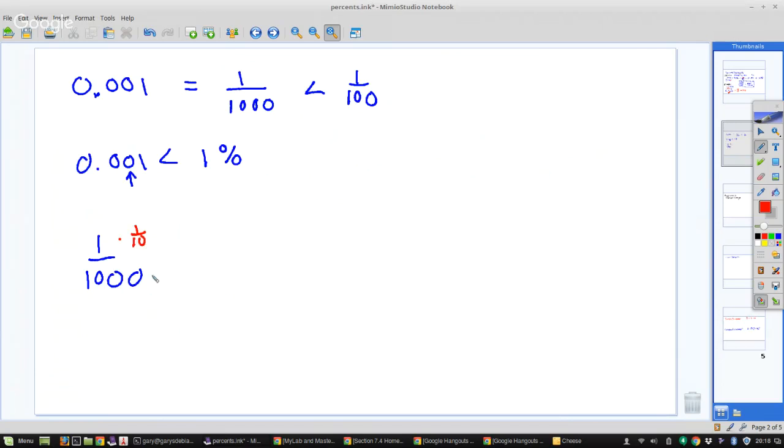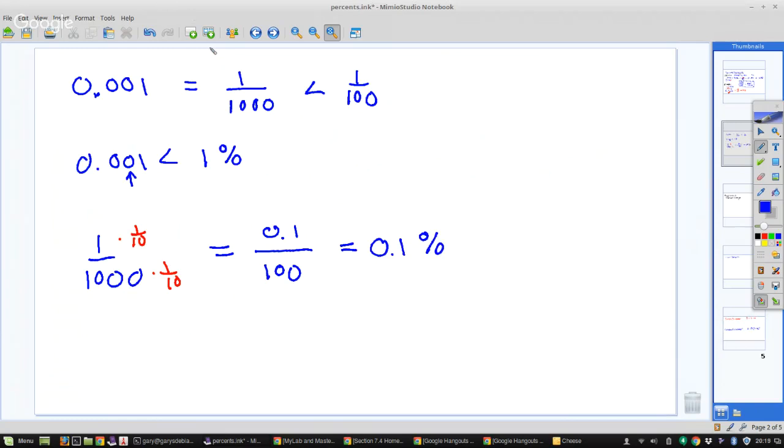I'm going to multiply top and bottom by 1/10. Now, when I do that, 1/10 of 1,000 gives me 100. 1/10 of 1 is going to give me 1/10. I'm going to choose to write that as a decimal, right? 0.1. Divide by 100 is a percentage, so this must be 0.1%.